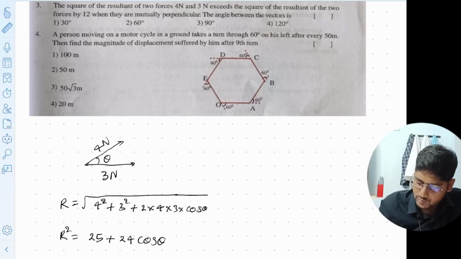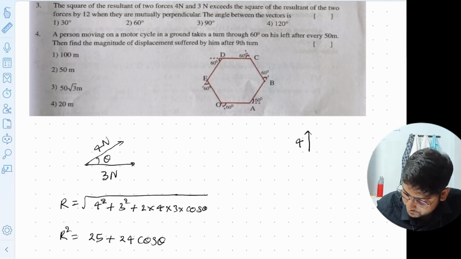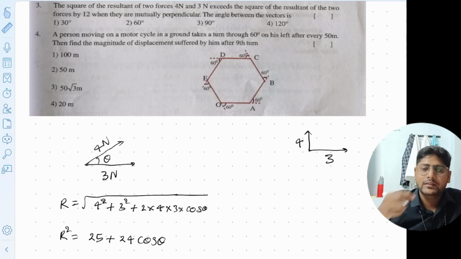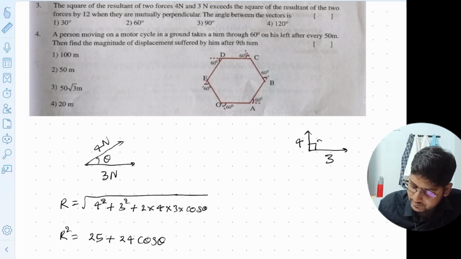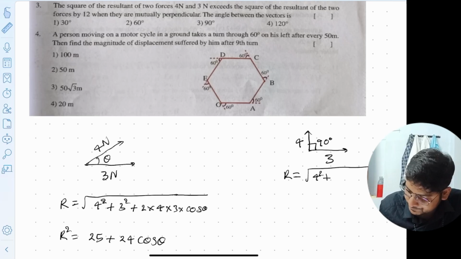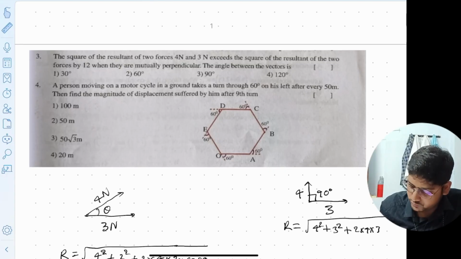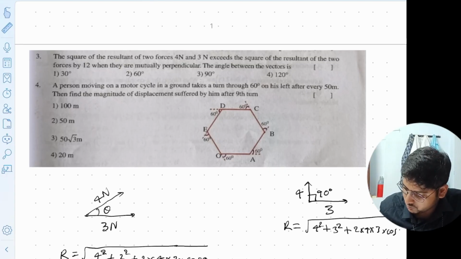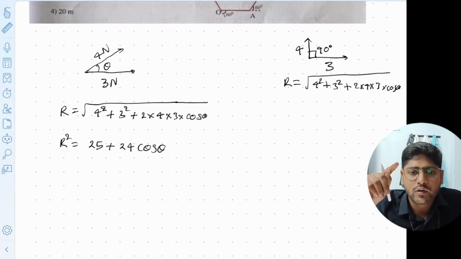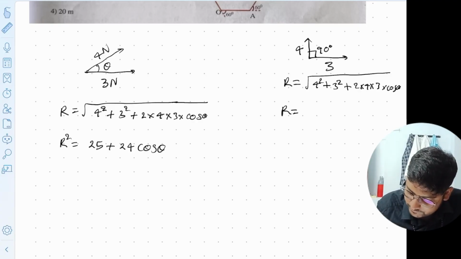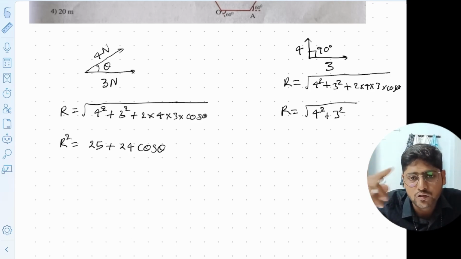When 4 and 3 are mutually perpendicular, theta will be 90 degrees. So the resultant will be the square root of 4 square plus 3 square plus 2 into 4 into 3 into cos theta. Cos 90 is 0, so that whole term is 0.